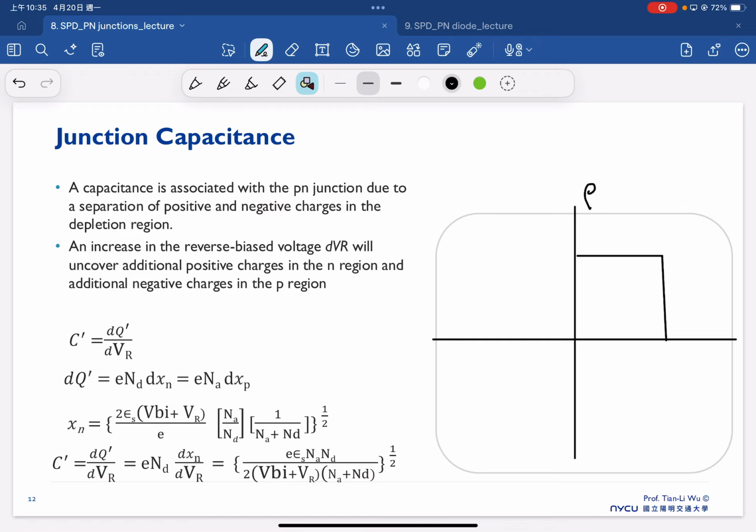In the P region, we have a constant negative charge, positive at Xn and negative at minus Xp here. And now, we consider an additional bias applied to this PN junction. We can apply, for example, a DC bias.